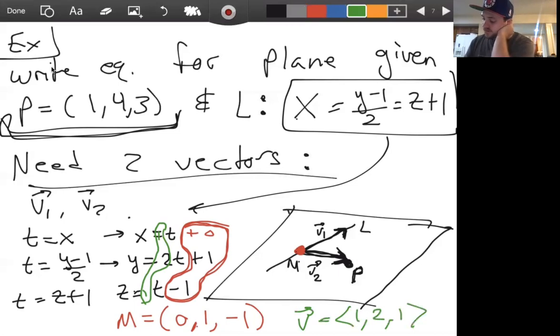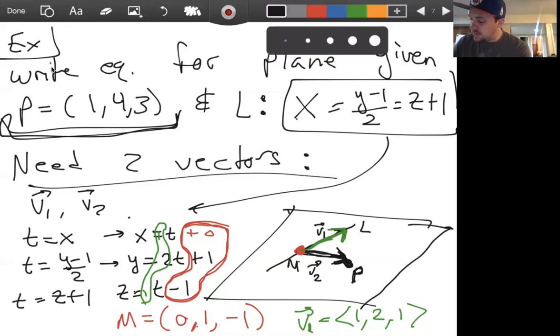So here we found the first vector. We called this V1, right? This vector is given by (1, 2, 1) with initial point (0, 1, -1). And if we know then that M is (0, 1, -1), well then we can find MP, right?